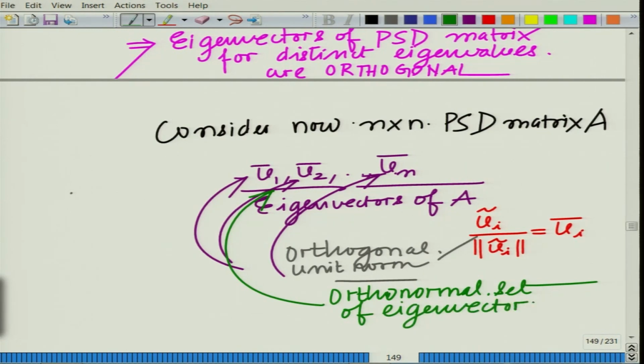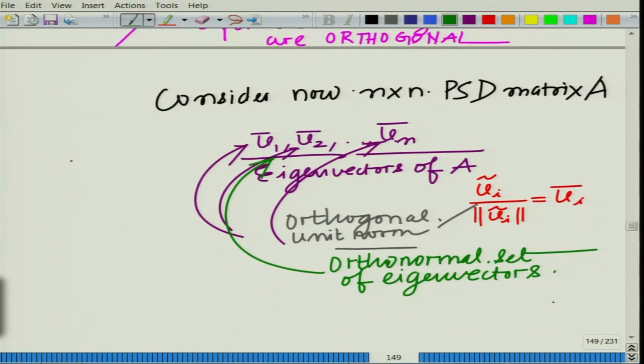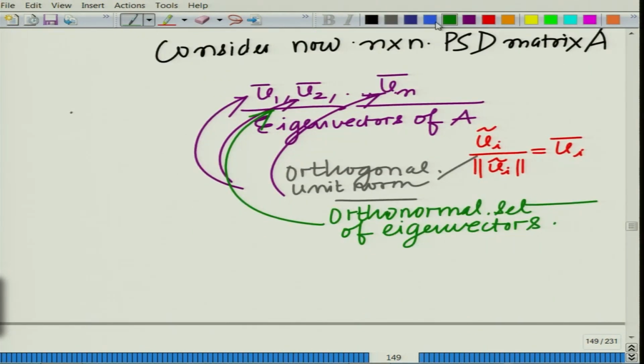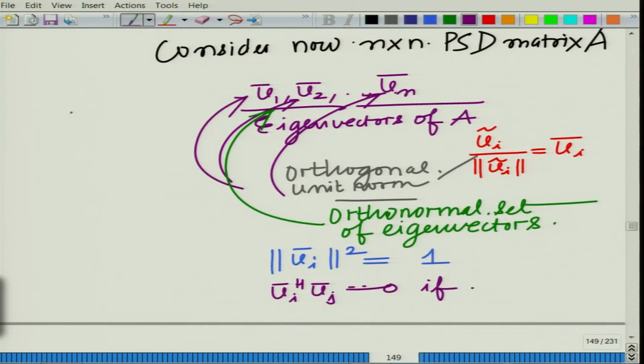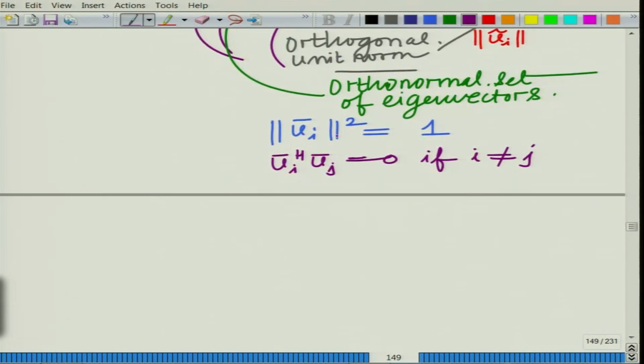Because of the properties of the PSD matrix, such a set of eigenvectors exists, which essentially means, as you well know by this point, orthonormal means norm ui bar square equal to 1, ui bar Hermitian uj bar equal to 0 if i not equal to j. This we have already seen, eigenvectors corresponding to distinct eigenvalues are orthogonal.